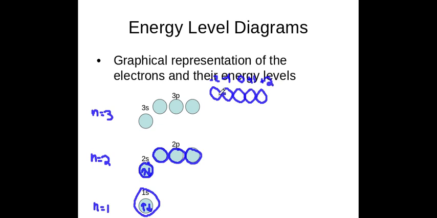So we have 5 possible spots to put electrons, and there can be 2 electrons in each of those spots. So energy level 3 has shape S, shape P with 3 orientations, and shape D, which I can label as 3D. It has 5 possible orientations, and each one of these orientations can hold 2 electrons.